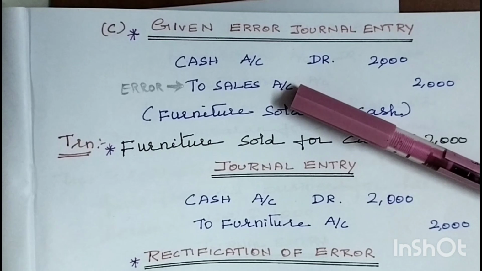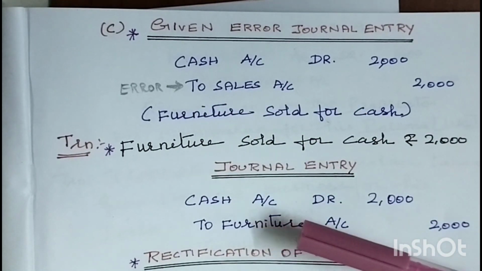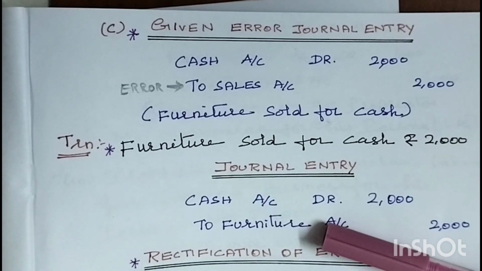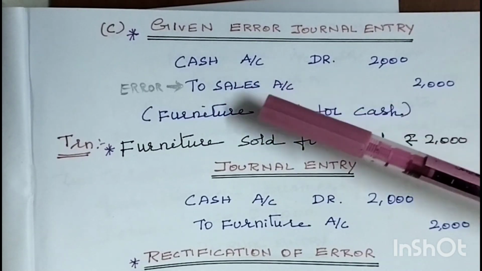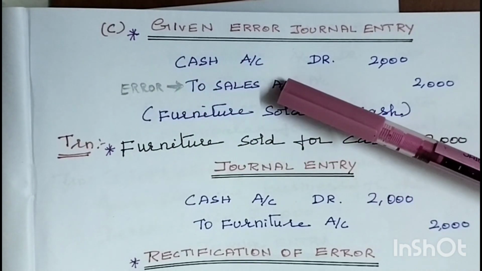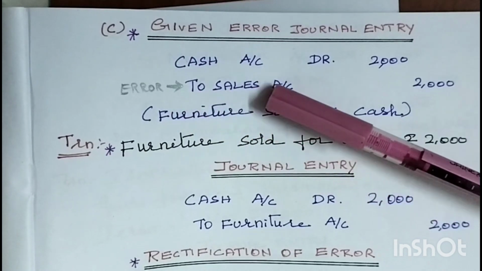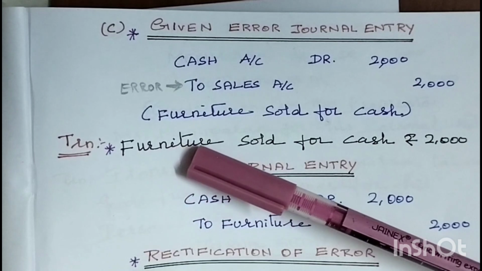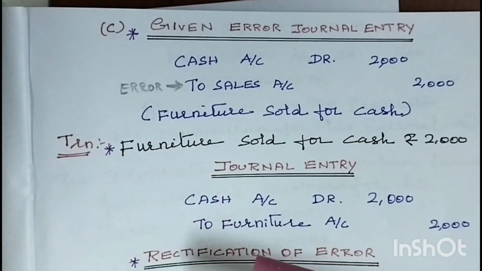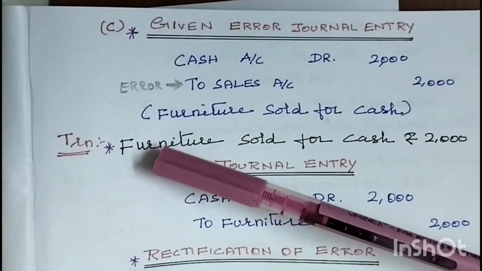Why do we say the sales account is the error? Furniture account credited is the correct journal entry. Sales account credited is wrong, this is the error. When you sold goods for cash, you enter to sales account on the credit side. But when you sold an asset for cash, you have to enter only the name of the asset, furniture account.